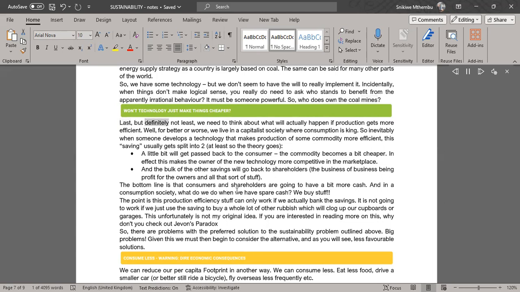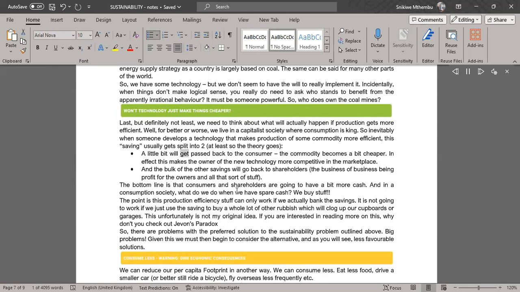Last, but definitely not least, we need to think about what will actually happen if production gets more efficient. Well, for better or worse, we live in a capitalist society where consumption is king. So inevitably when someone develops a technology that makes production of some commodity more efficient, this saving usually gets split into two, at least so the theory goes.